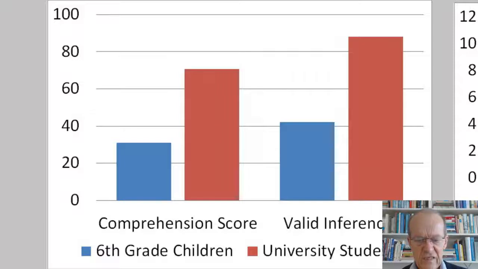And what you see is that the sixth grade children were less successful in comprehending, in relating the independent variables to the outcome variables, and also less successful in making valid inferences. So on both effect measures, the university students outperformed the children, which is not that much of a surprise, perhaps.